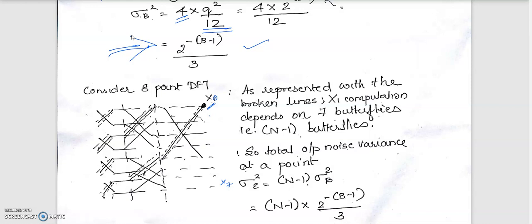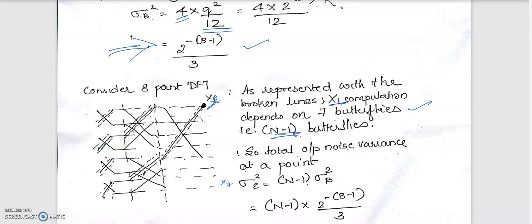If you look over here, this will be the result of this butterfly. But for this butterfly to be computed, you need these 2 butterflies to be done. So that makes it 3, and to get these 2 butterflies, you need to solve these 4 butterflies. So eventually, for computation of one value, that is x0 or x1 as mentioned here, it depends on 7 butterflies, which is equal to N minus 1.